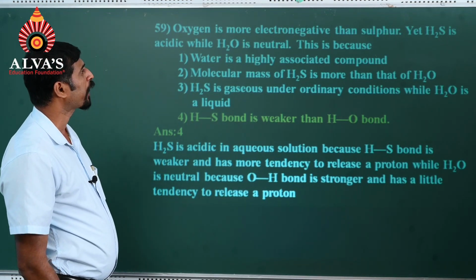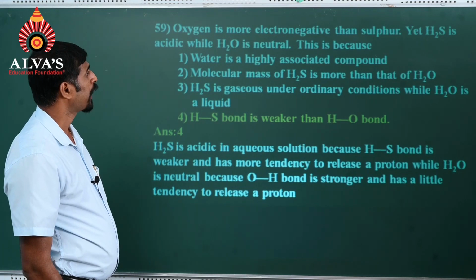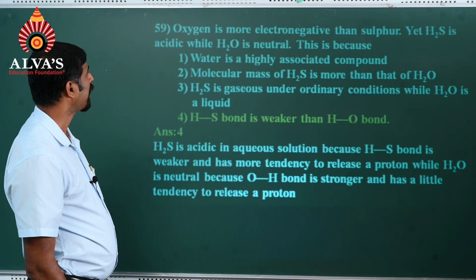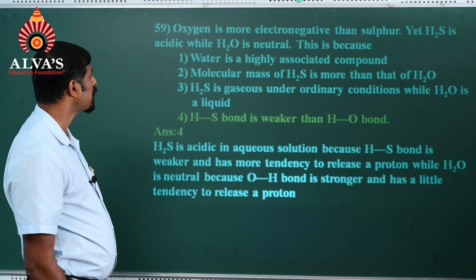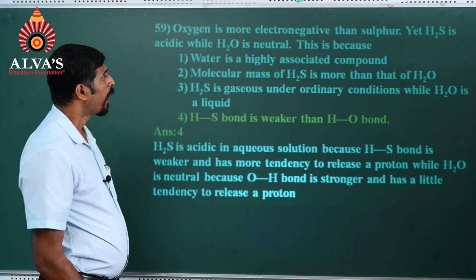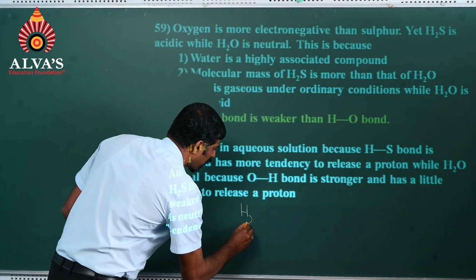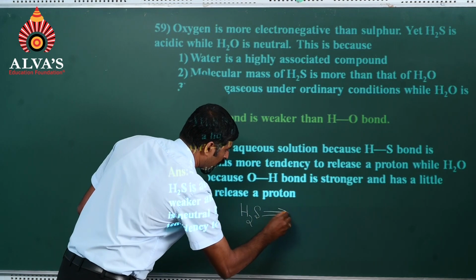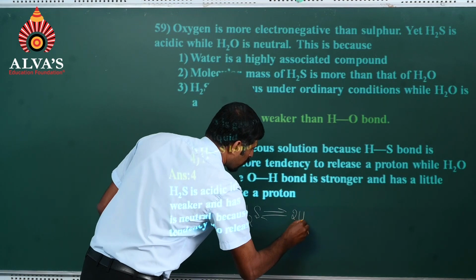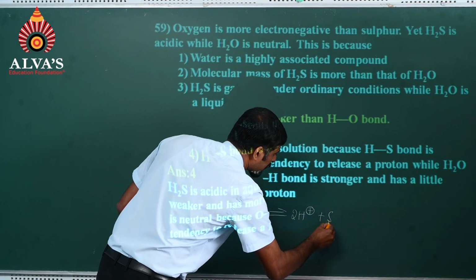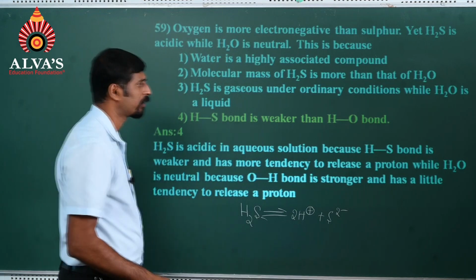Oxygen is more electronegative than sulfur, yet H2S is acidic while H2O is neutral. This is because H2S easily undergoes dissociation and gives 2H+ ions plus S2- ion. Why?